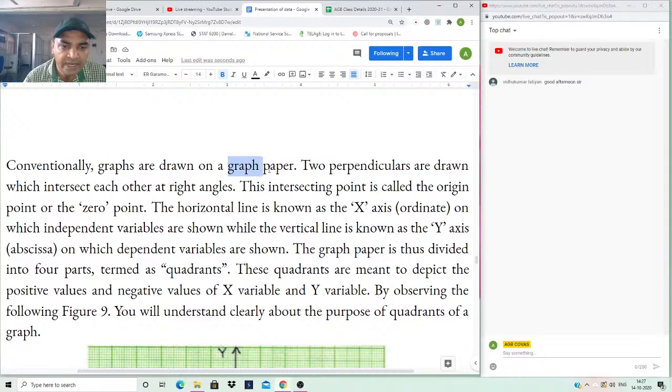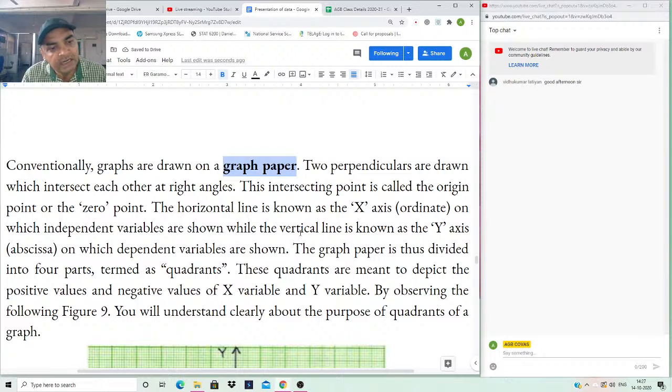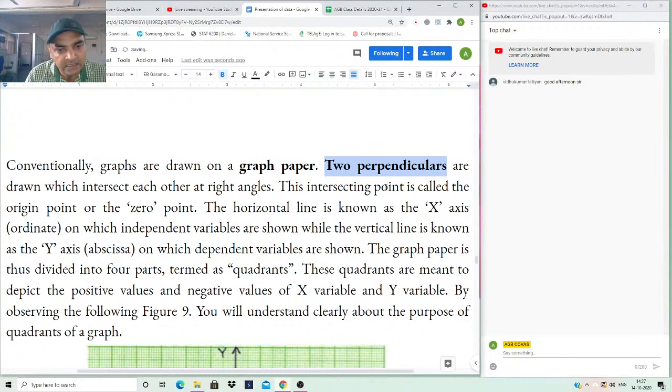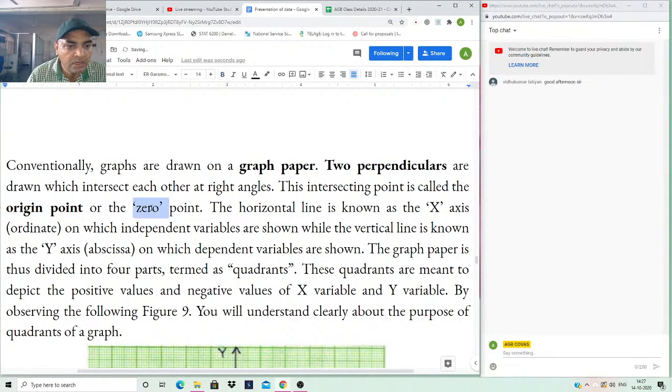What you will require for graphical presentation is graph paper, and two perpendicular lines are drawn which intersect each other at a right angle. This intersection point is called the origin point, or it is also known as the 0 point.